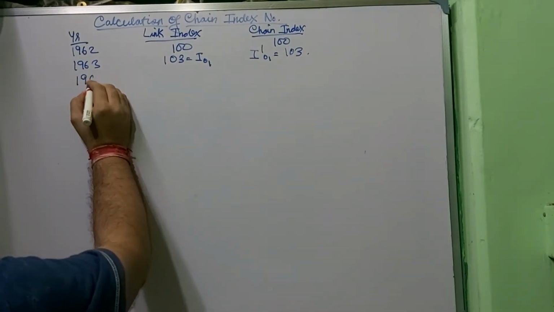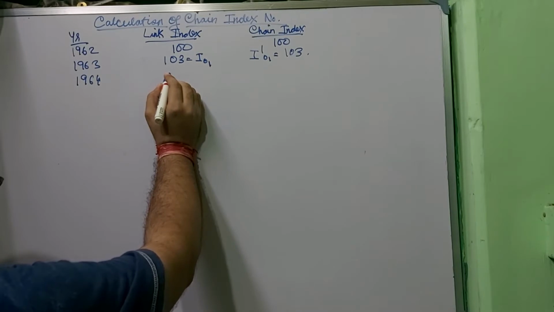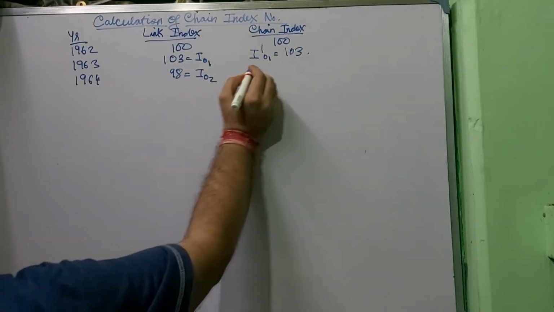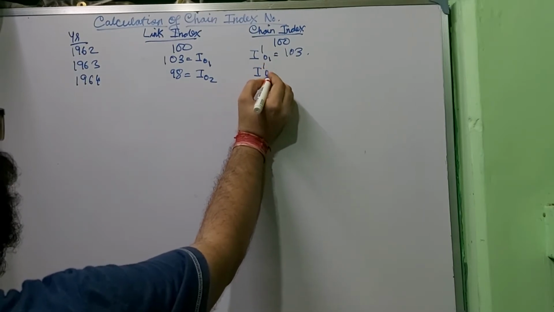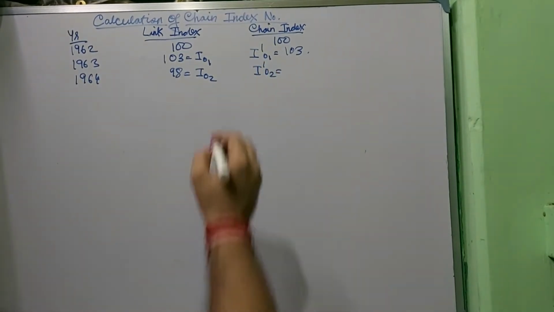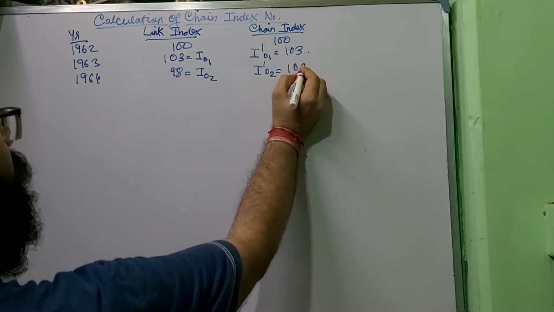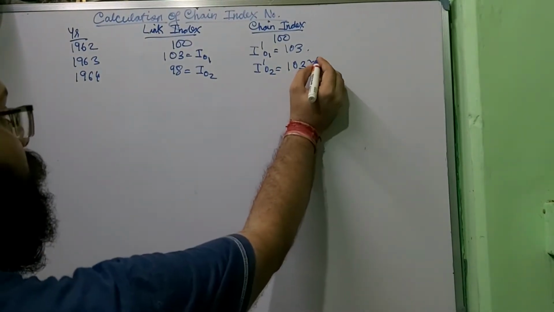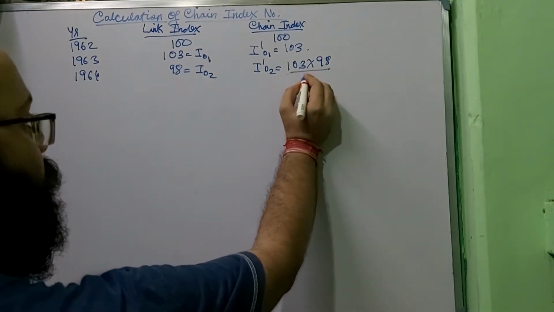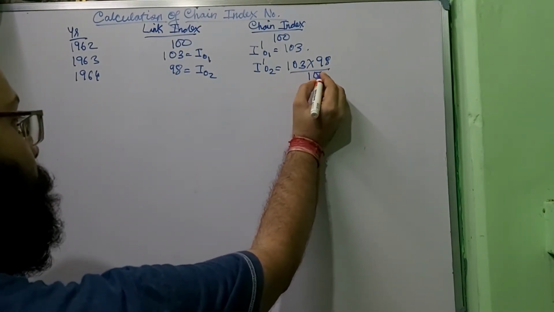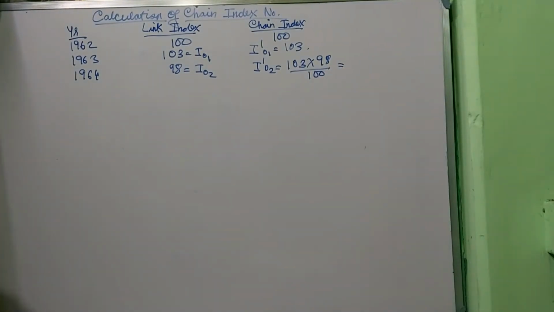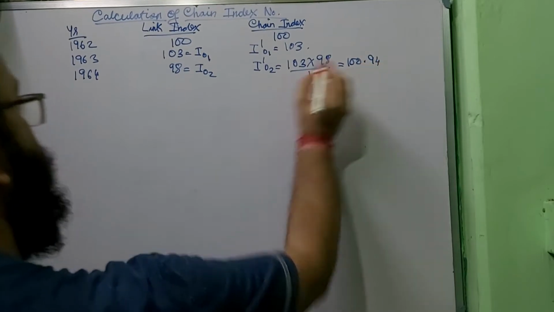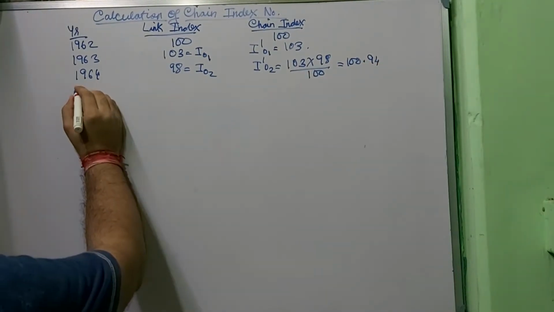Now from the next year onwards, it's given 98, which is obviously I02. Now I-02 will be previous year chain into current year's link index divided by 100. We are getting 100.94.